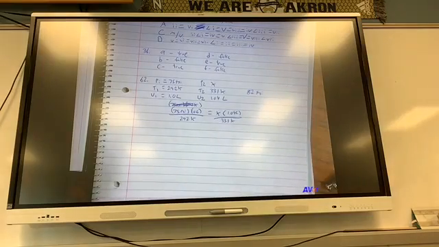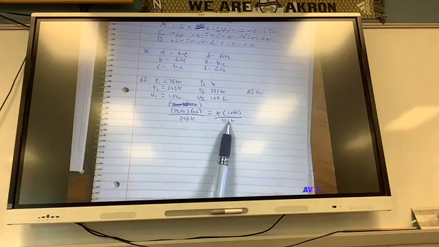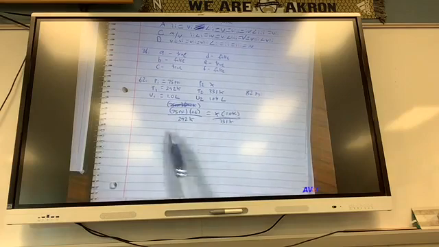So I'm going to do 331 times 75, divided by 292, divided by 1.04. I got 81.7. Remember, cross multiply: this times this divided by whatever's left.